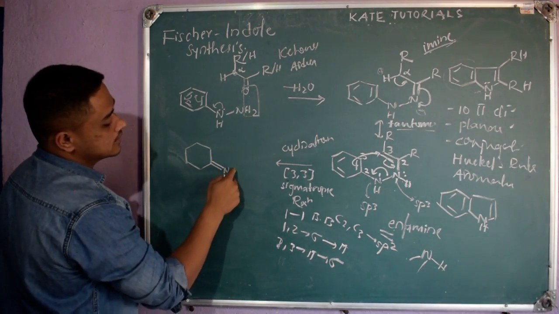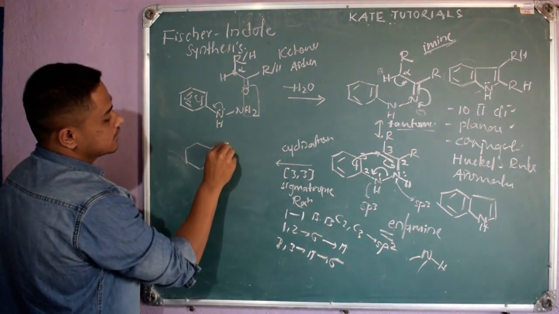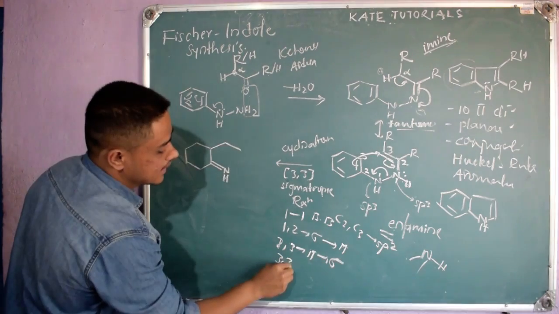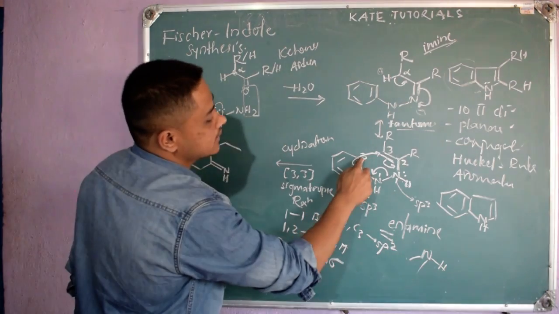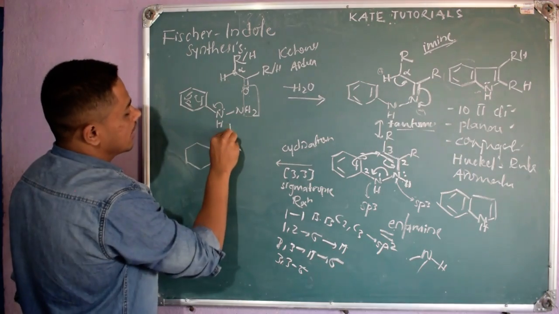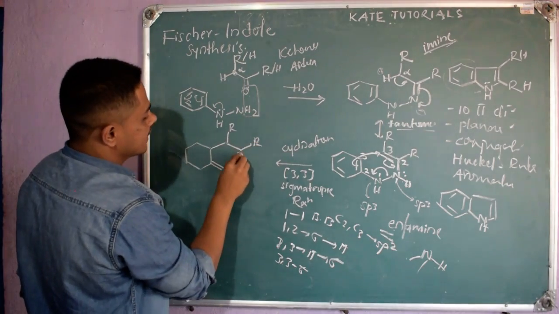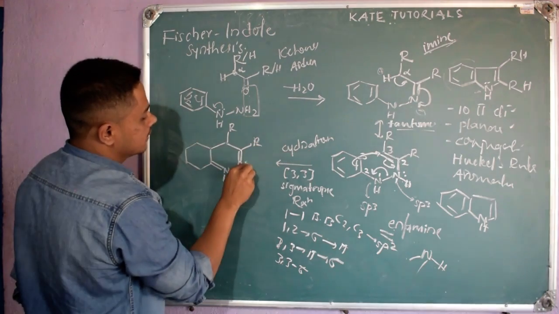So this N–N bond was broken, along with this pi bond. Next, the 3,3 sigma bond is formed here. See, this is 3; at 3 we have R, next to that R, and here we get a double bond NH.